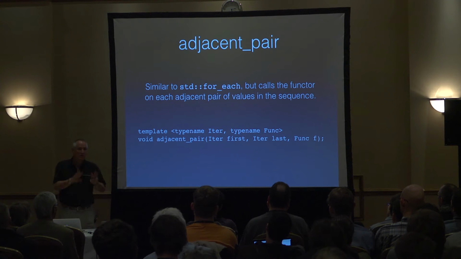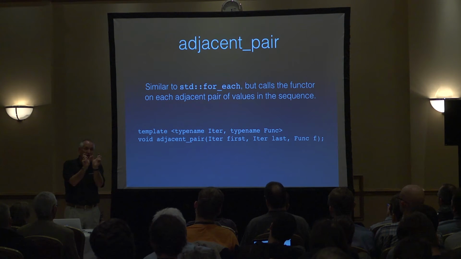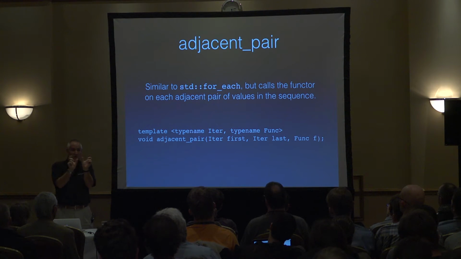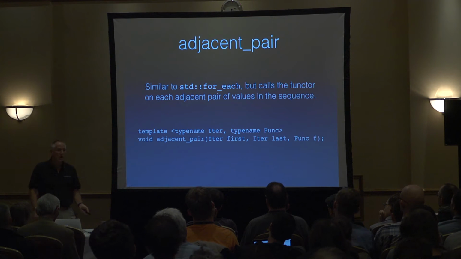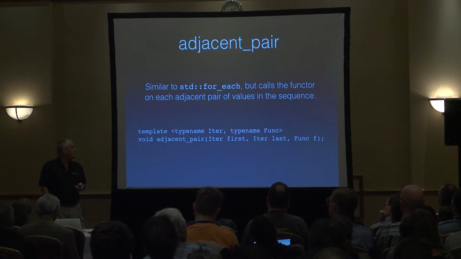Imagine 3: 1, 2, 3. You call with 1, 2, and 2, 3, because you're not breaking it up into pairs. You're doing every adjacent pair. If it was 1, 2, then 3 something, you'd have to deal with odd numbers. But instead, we're just dealing with elements next to each other in the sequence.